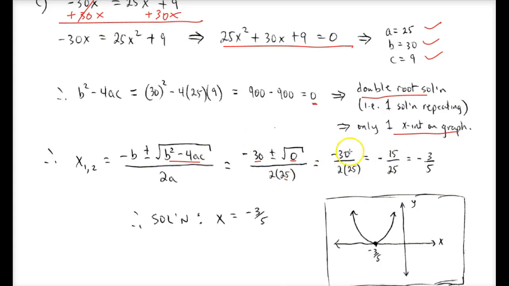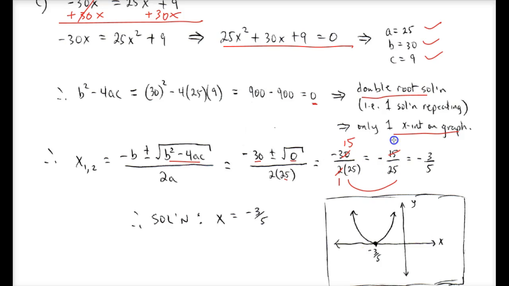And once we work all that out, we'll see how we get from here to here: we know that 30 and 2 both have a common factor of 2. So 2 goes into 2 once, 2 goes into 30 15 times. So we have a negative 15 divided by 25. And from here, both of these have a factor of 5.